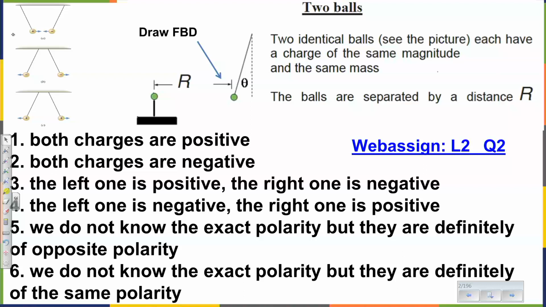In this situation, we have two balls, number one, number two, separated by a distance, and we know that, like in our experiment on Monday, when only gravity and tension are acting on the ball at rest, the string will be vertical.